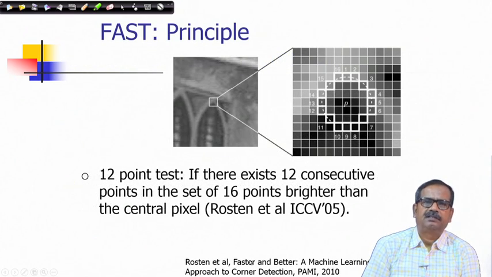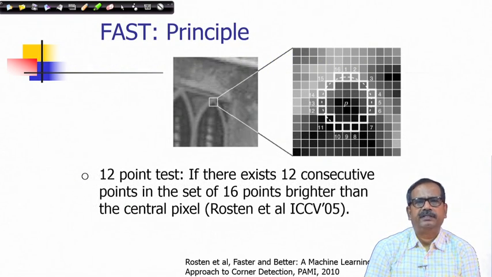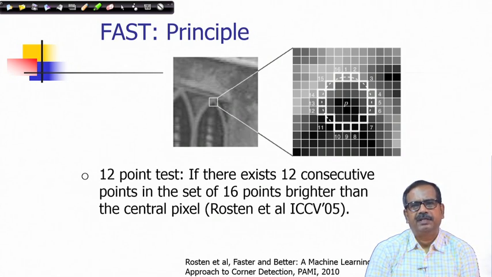So, this is the principle of detection of a key point or feature point in FAST, and there is a test which is called the 12-point test, where it considers very defined locations around a pixel, and those are shown in the diagram, the locations shown by the thick square edges.